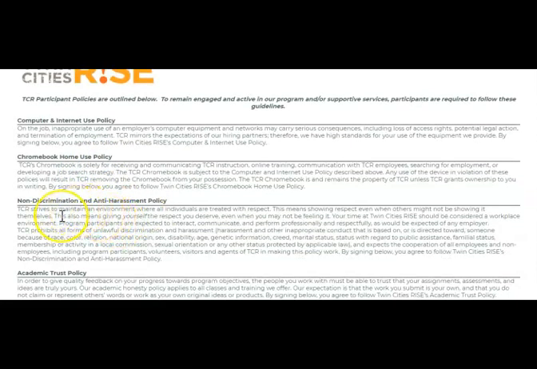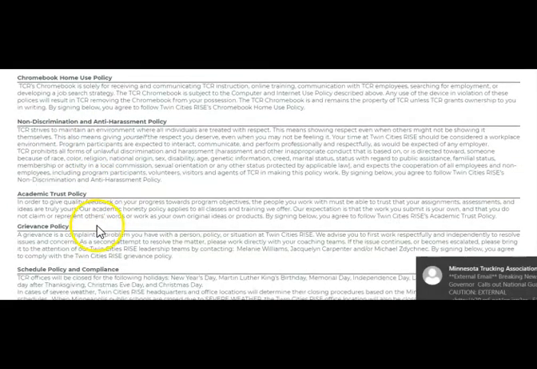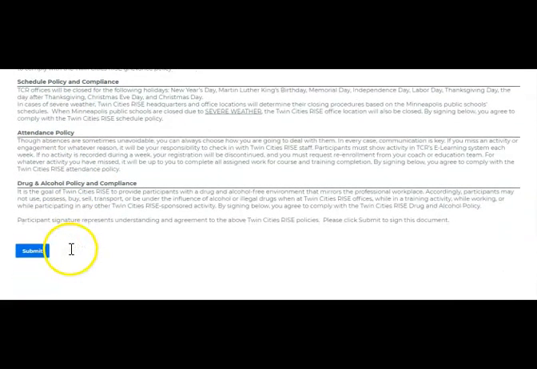So this is the page that will come back to you: our computer and internet policy, if you're looking at Chromebooks, what our policy is on home use, non-discrimination, anti-harassment, academic trust, grievance, schedule policy, commitment, all of these things again. We just want to make sure that you understand those, submit, and there will be another form for you, an e-signature form.